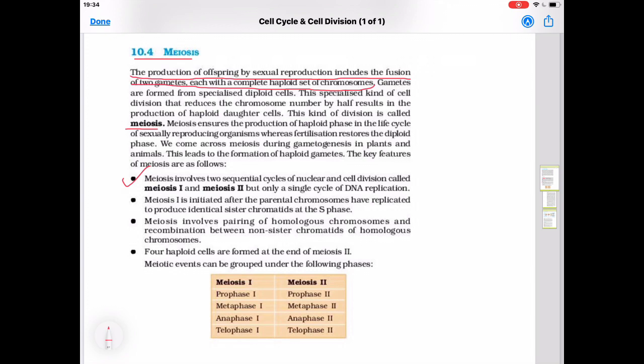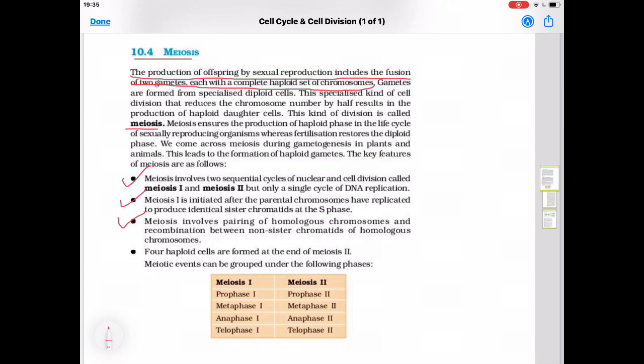Meiosis 1 is initiated after the parental chromosomes have replicated to produce identical sister chromatids at the S phase. So meiosis 1 starts after the replication of the chromosomes. Meiosis involves pairing of homologous chromosomes. What are homologous chromosomes?